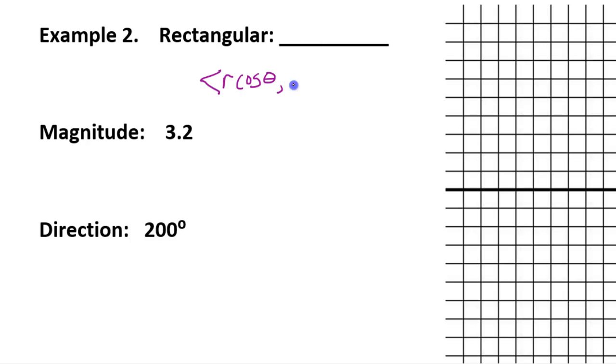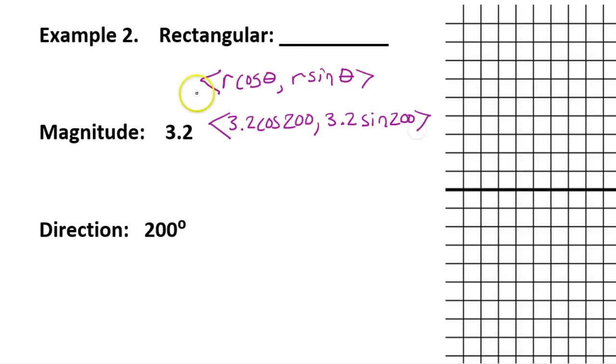And we can find the vertical component by doing r sine theta. So that's all we have to do. So we'll do the magnitude cosine 200, and we'll do the magnitude sine 200. And that should give us the rectangular coordinates, the component form.